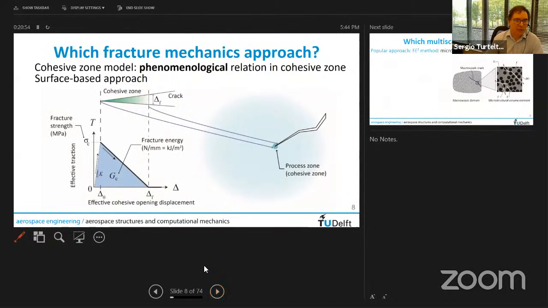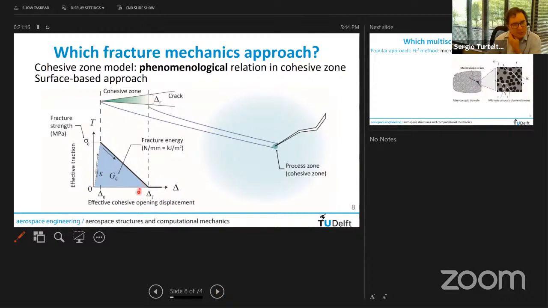A cohesive relation essentially tells you that the material in front hasn't damaged yet, so it can transmit load. Once you reach the fracture strength of the material, the material will start to degrade in its capacity to transmit load.